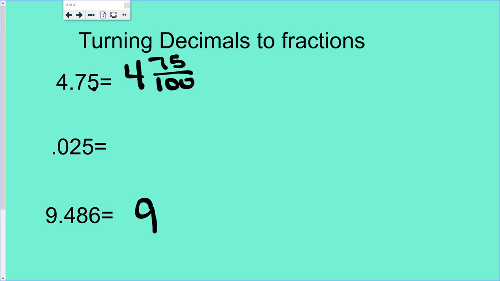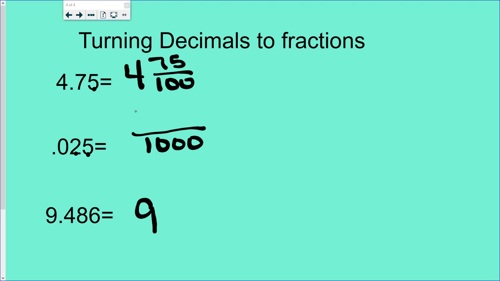Now here I have 0.025. Well, I have 3 digits there. So I have the tenths, the hundredths, the thousandths. So I've got to have that 1,000 on the bottom. That's where we just have to know this: tenths, hundredths, thousandths. So if I have the thousandths, I have to have 1,000 on the bottom.